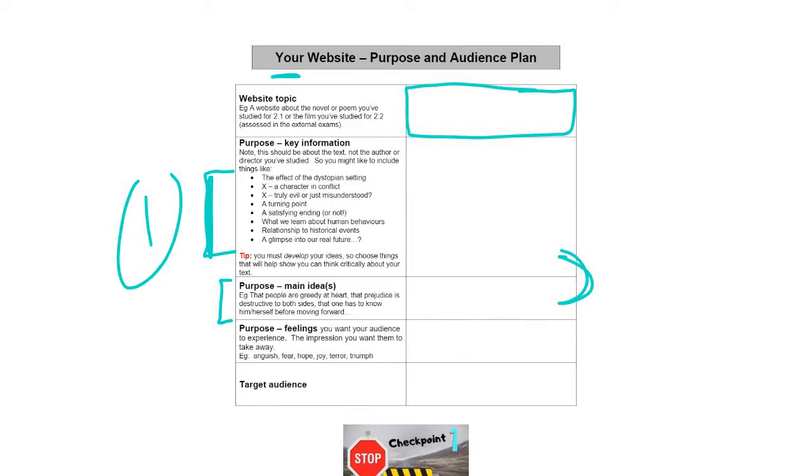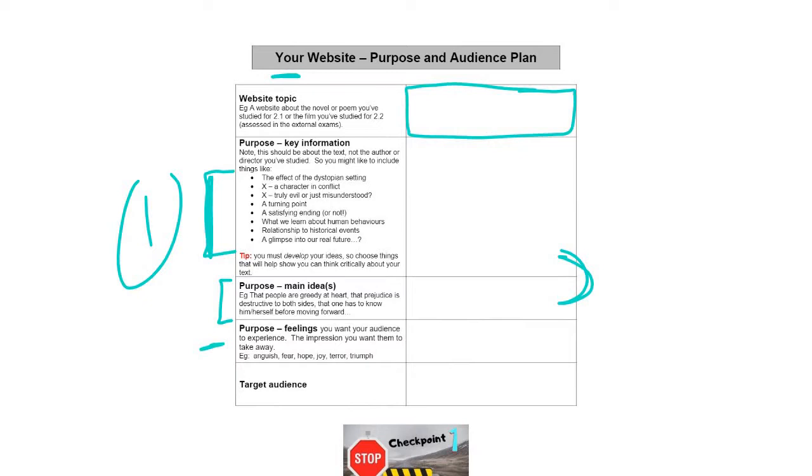Another thing, just to push it a little bit further, it's kind of up to you if you do this one, but the feelings. So what do you want them to experience? Do you want them to look at your website and think, oh, it's a lovely breath of fresh air? Or do you want them to look at it and think, whoa, that's dark? You have to decide.